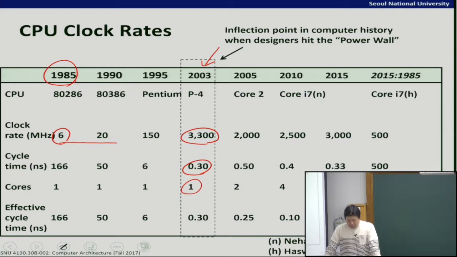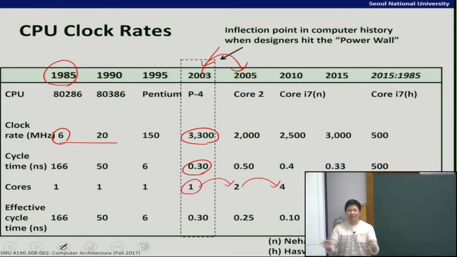So it becomes really difficult to scale up the CPU clock frequency without increasing power. That's the reason why we made a transition: the CPU designers decided to improve performance by increasing the number of cores instead of increasing the CPU clock rate. So now we have dual core, quad core, octa core, 16 core, 32 core, and so on, right?